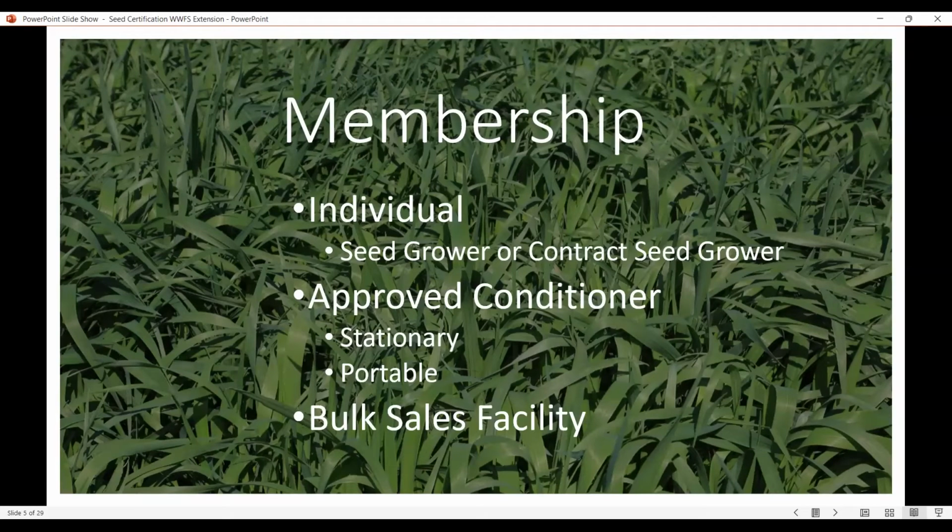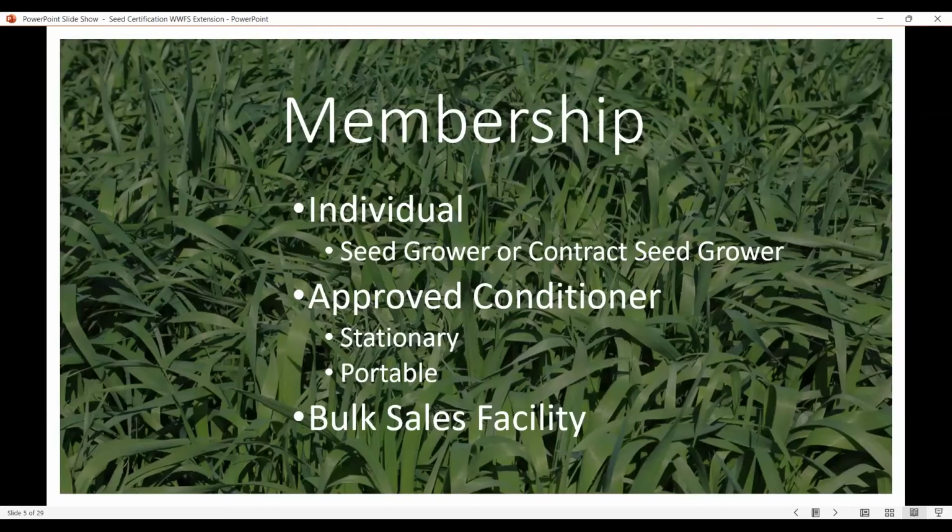Well, the contracted seed growers couldn't have any access to their paperwork. So as a result of that, we decided to have the contract growers be members. That way they do have access to that paperwork. So if something like that does happen in the future, they can go ahead and complete certification on that seed.